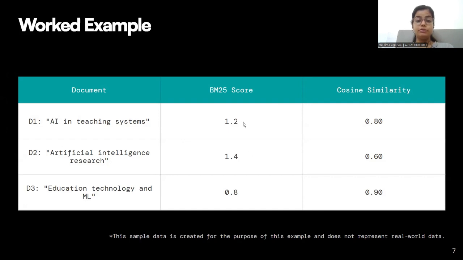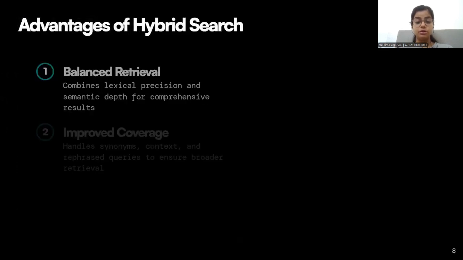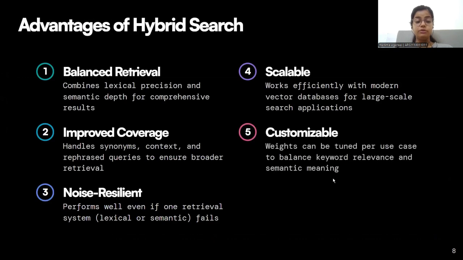For document 2, the BM25 score is 1.4 and cosine similarity is 0.60. For document 3, the BM25 score is 0.80 and cosine similarity is 0.90. If we set alpha and calculate the score for each document, we'll see which one ranks higher. This way, even if the word doesn't match exactly, the meaning is still captured.